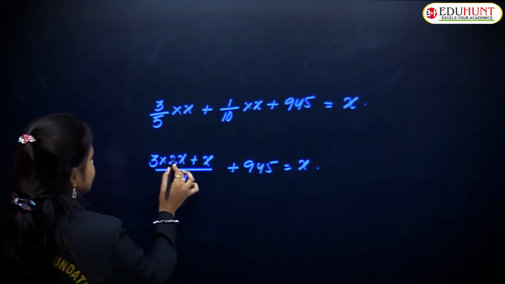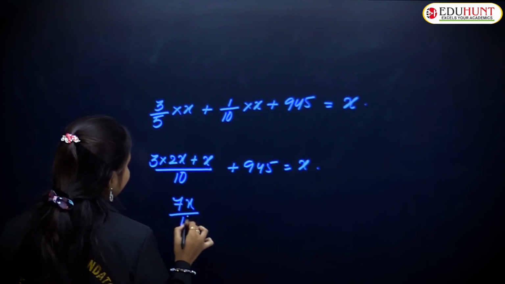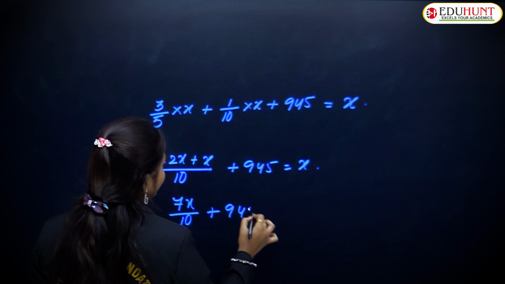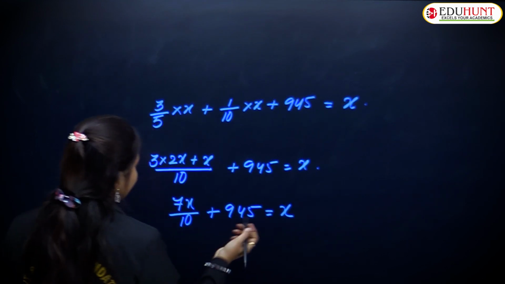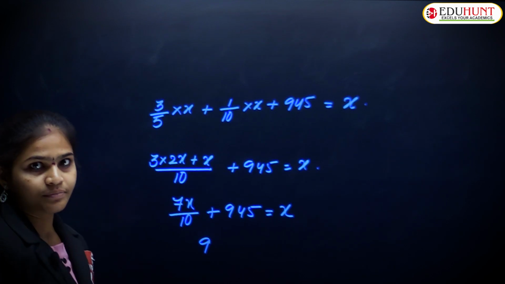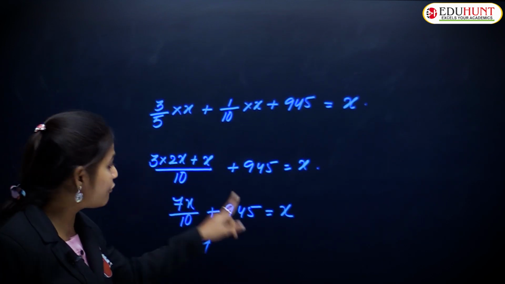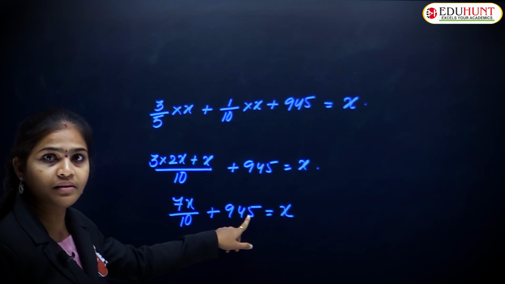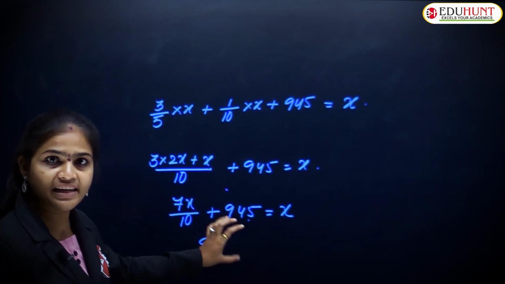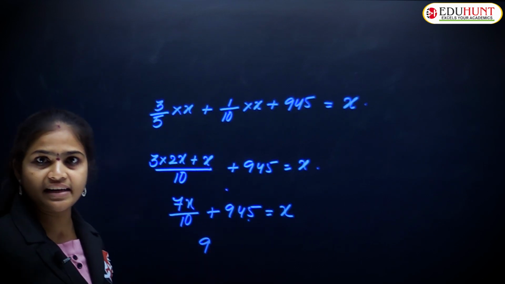So, 3 2s are 6x plus x is equal to 7x by 10 plus 945 is equal to x. Here also we can use two methods. One is 7x by 10. Okay, so 7x by 10 she spent on something. So the leftover money, this is how much part? The leftover 3x by 10 only, no? So 3x by 10 is equal to 945. Then also we will get that x value.